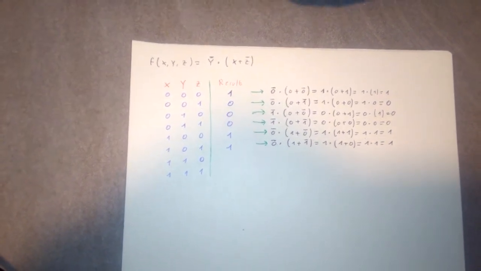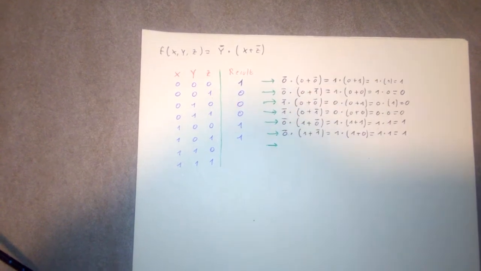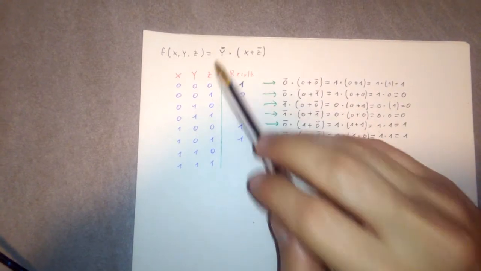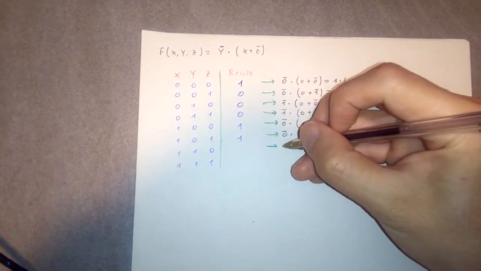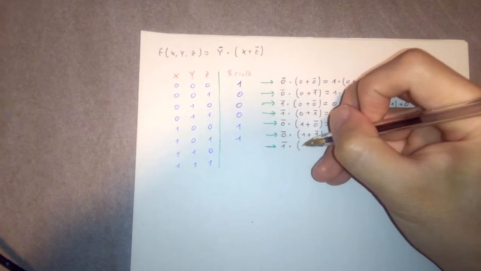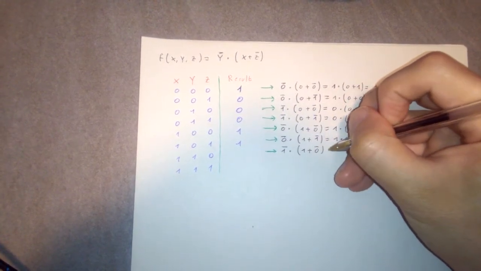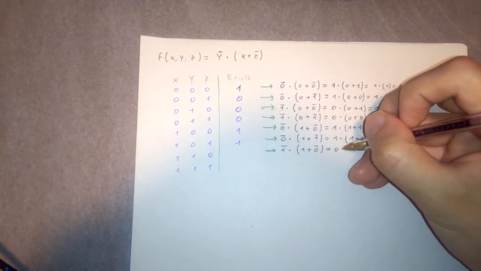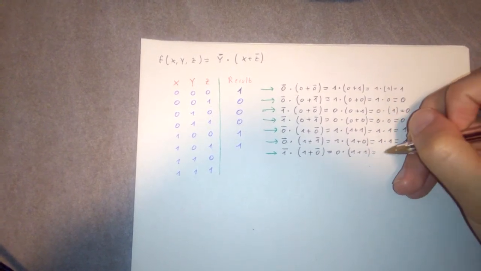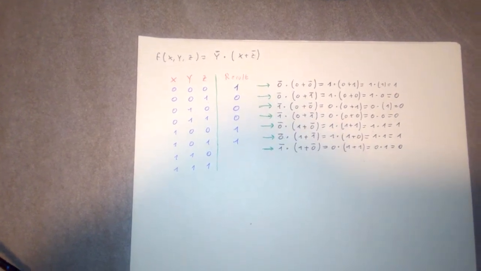And again, we've got the last two. 1, 1, 0, so y is 1, so you get not 1 times x, which is 1, plus not z, which is not 0. So you get not 1, which is 0, times 1 plus not 0, which is 1. So you get 0 times 1 plus 1 is 1. So 0 times 1 is sadly 0.